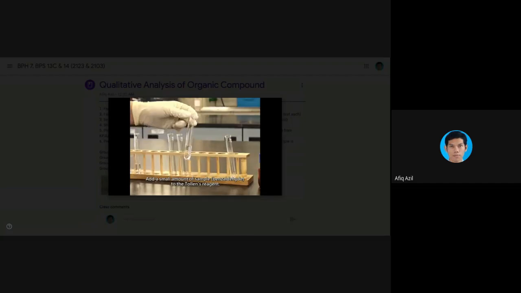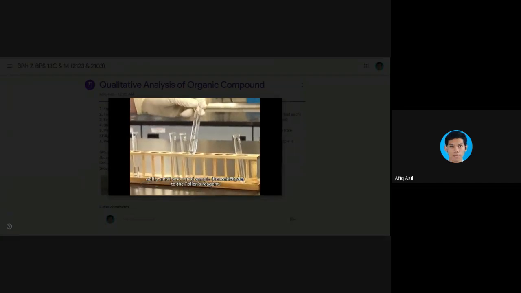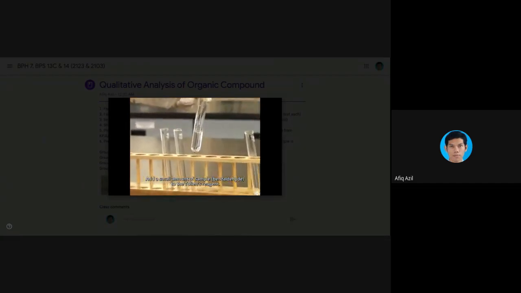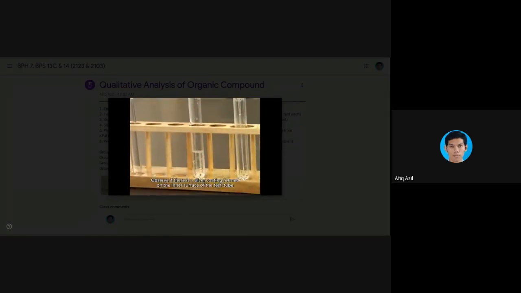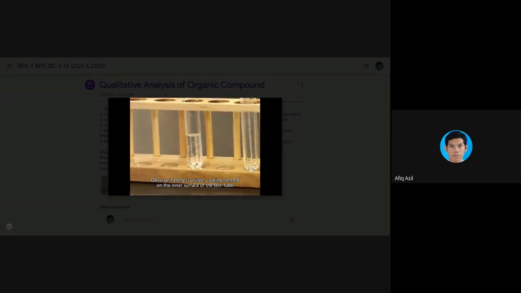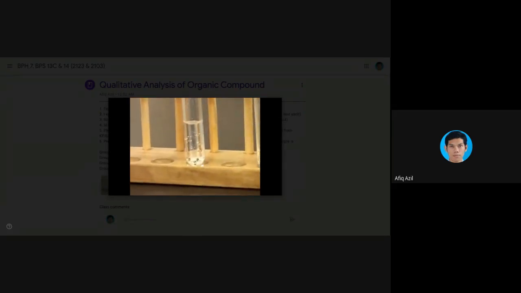Add a small amount of sample to the tolerance reagent. Shake the mixture gently. And then stand it on the bench for 10 minutes. Observe if there is a silver coating formed on the inner surface of the test tube.